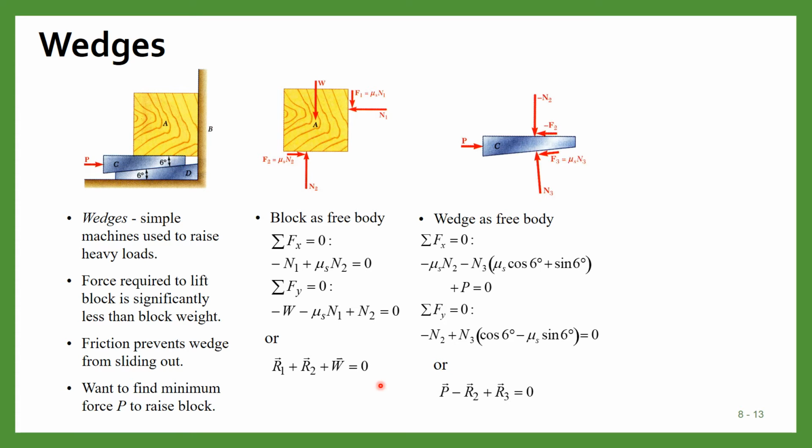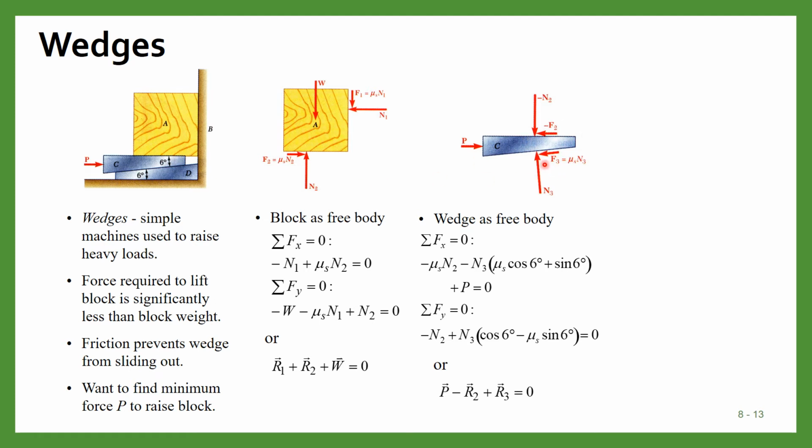Similarly, we can draw the free body diagram of this wedge. In this wedge we have this force P. Now there are the reaction forces which will act on the top portion. So here we have minus N2. Similarly, here we have a reaction force minus F2.